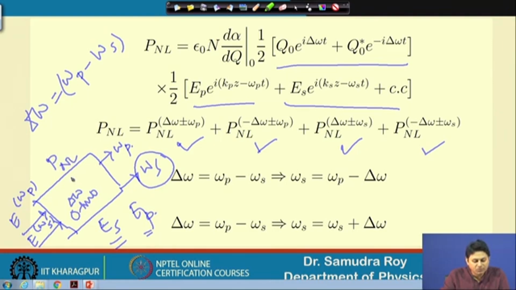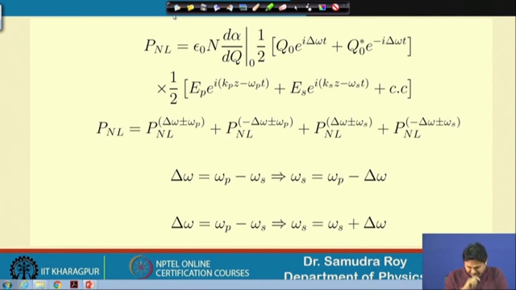P nonlinear is the source term, and we find here that P nonlinear contains this many frequencies. So, in these frequencies, if you look very carefully, there is one frequency which is omega p minus delta omega. Among these frequencies, delta omega is omega p minus omega s.